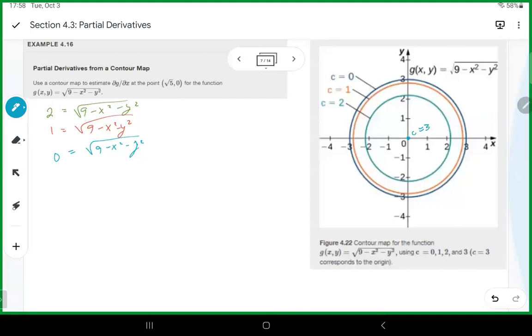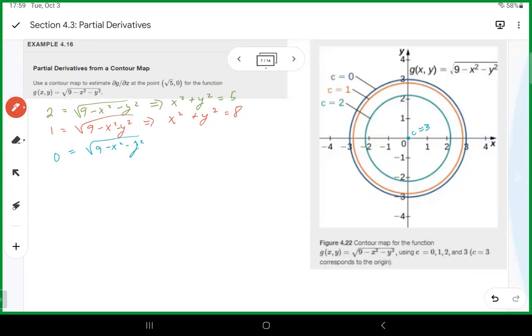All right, so the first equation simplifies to x squared plus y squared equals 5. The second one is x squared plus y squared equals 8. Sorry. All right.